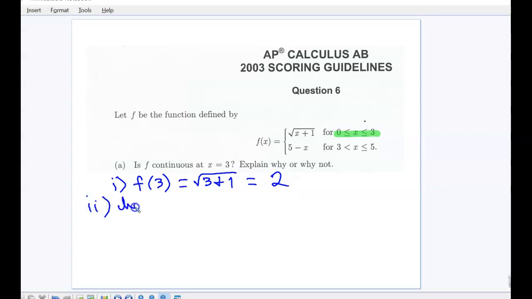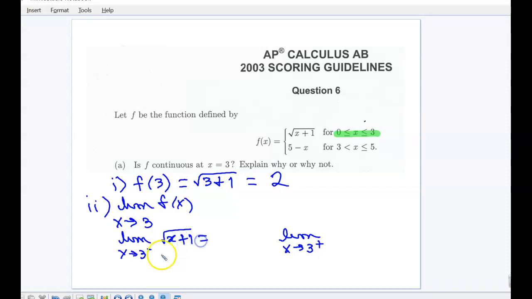Step number 2, we want to calculate the limit as x approaches 3 of my function. And since my function splits at 3, I have to do the limit as x approaches 3 from the left and the limit as x approaches 3 from the right. 3 from the left, that's less than 3. I use this equation. And we found if I plug a 3 in there, I get 4. The square root of 4 is 2.